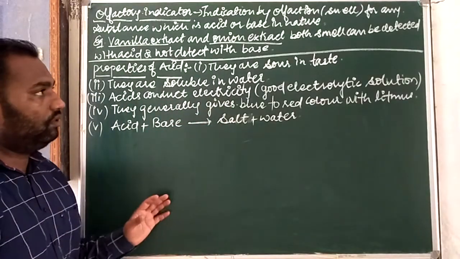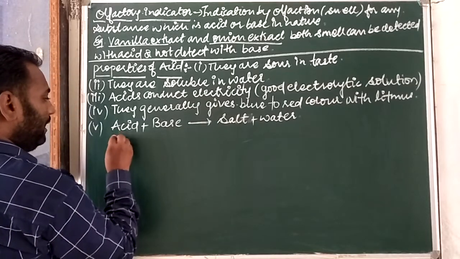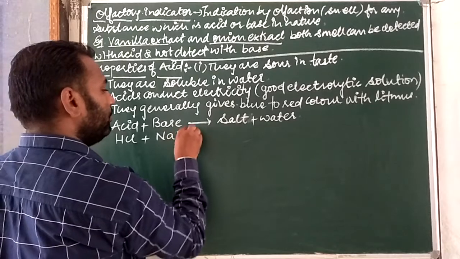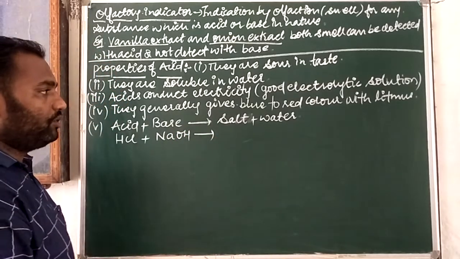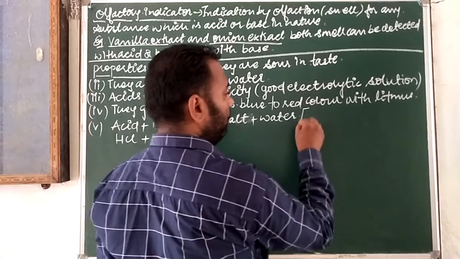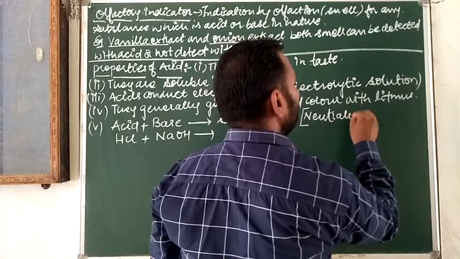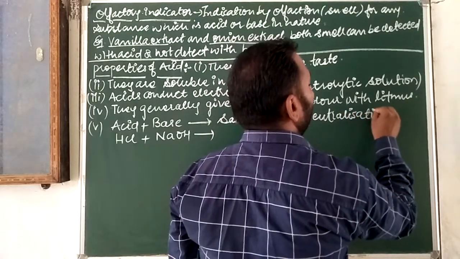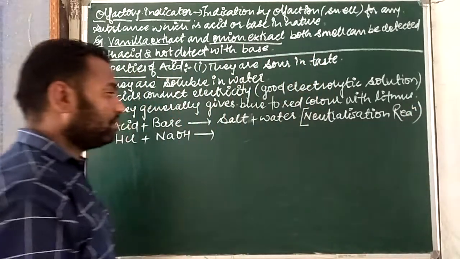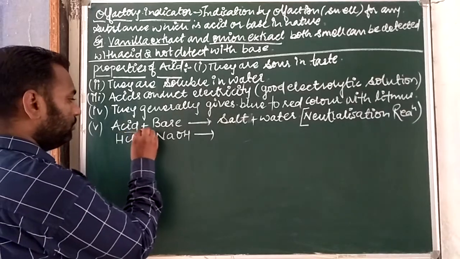Listen, we are taking one example of this: acid HCl plus NaOH. What is the formation? How is salt and water formed? This is also known as a neutralization reaction.